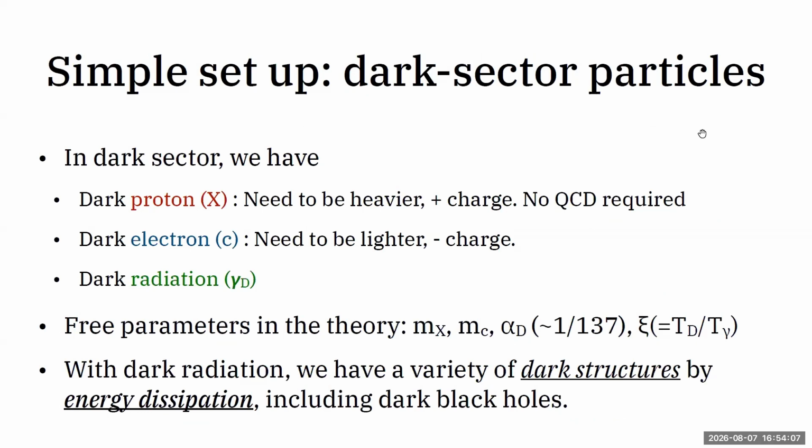And there could be dark EM. The parameters are proton mass, electron mass, the coupling constant, and the temperature of dark radiation compared to our CMB radiation. There are 4 parameters now. Right? Cool. Sorry, it's fast. Any questions?